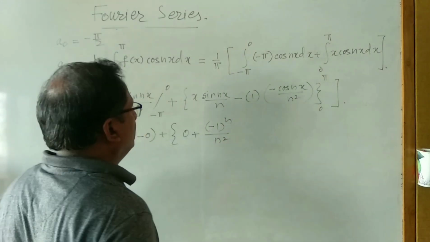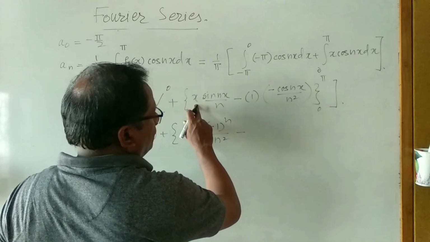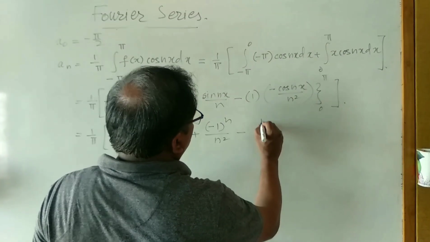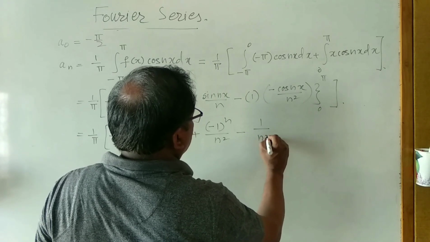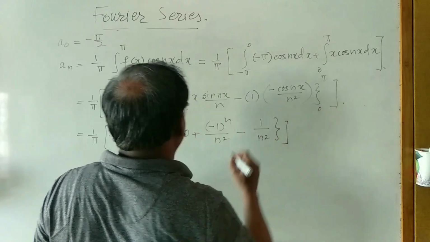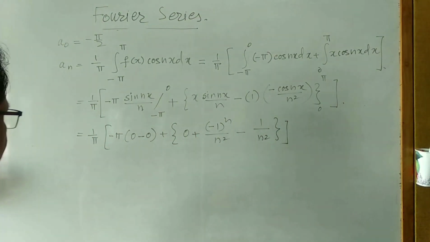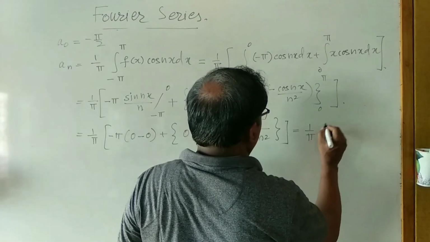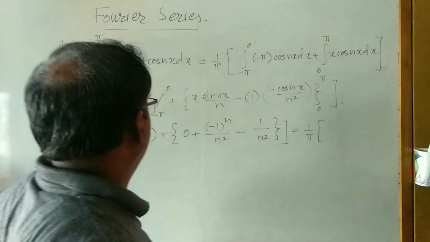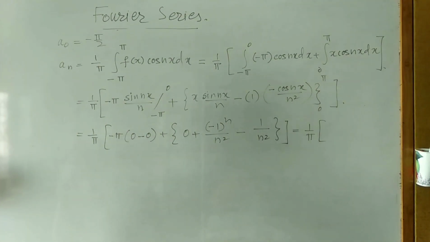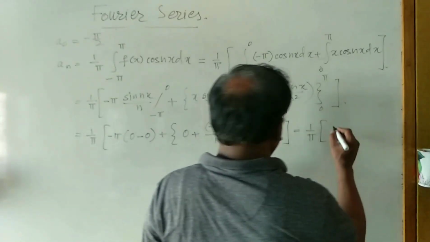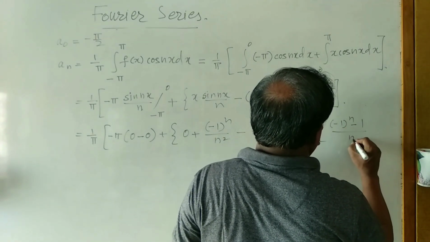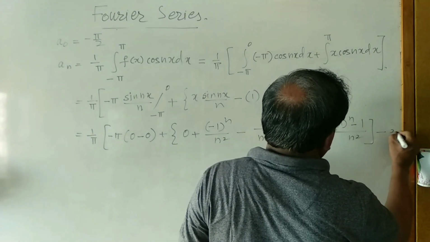This is the upper limit minus lower limit. When you put x equals to 0, this term vanishes. Minus cos of 0 is 1 upon n square. So if you simplify this, you will find this an equals to 1 upon pi bracket minus 1 raised to n minus 1 upon n square. This is an.